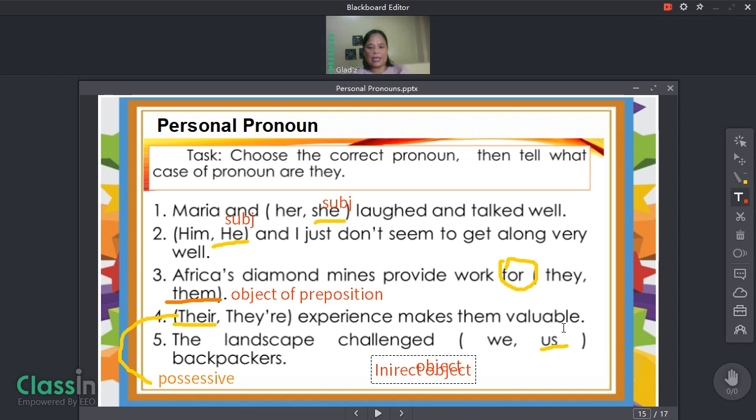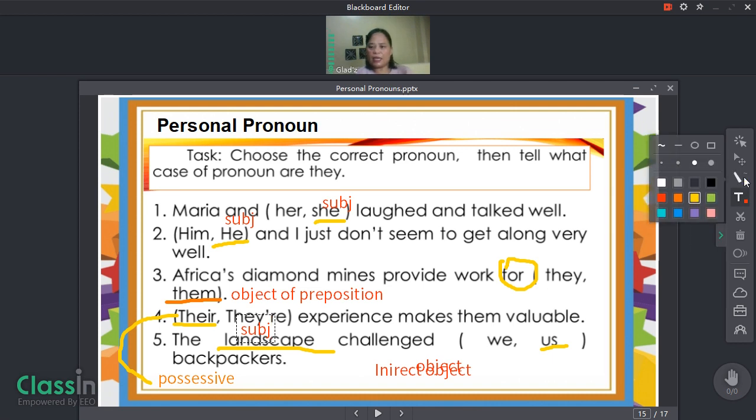Why is it an indirect object? So, let us recall again the basic sentence pattern. We have the landscape as the subject. And then we have the challenge as the transitive verb, or the TV. And then we have us, which is considered as the indirect object.